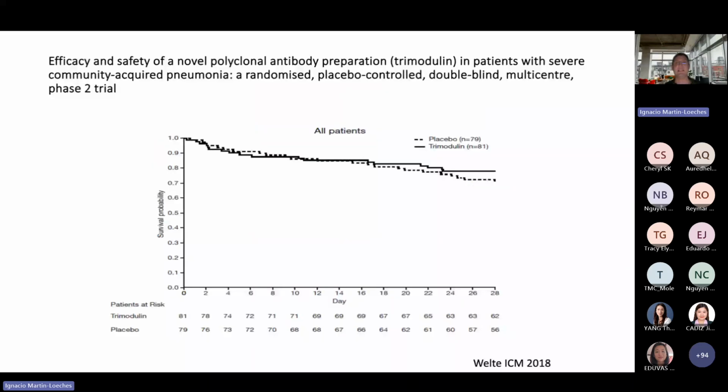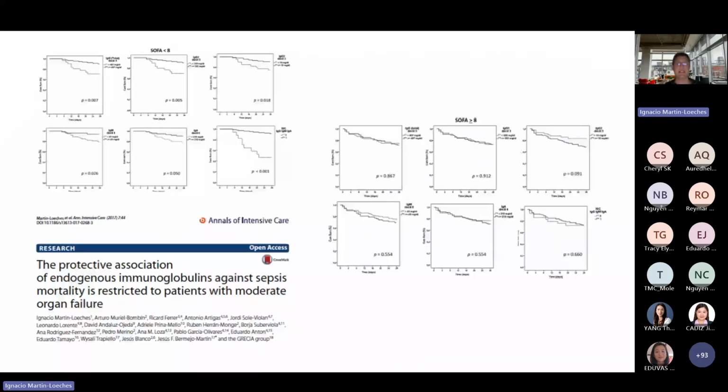We can see that in this study, the use of immunoglobulins was not associated with a benefit in patients with severe community-acquired pneumonia. However, what we discovered is that there was a benefit in patients that had a low level of organ failure. So there was a discrimination in terms of immunoglobulins.